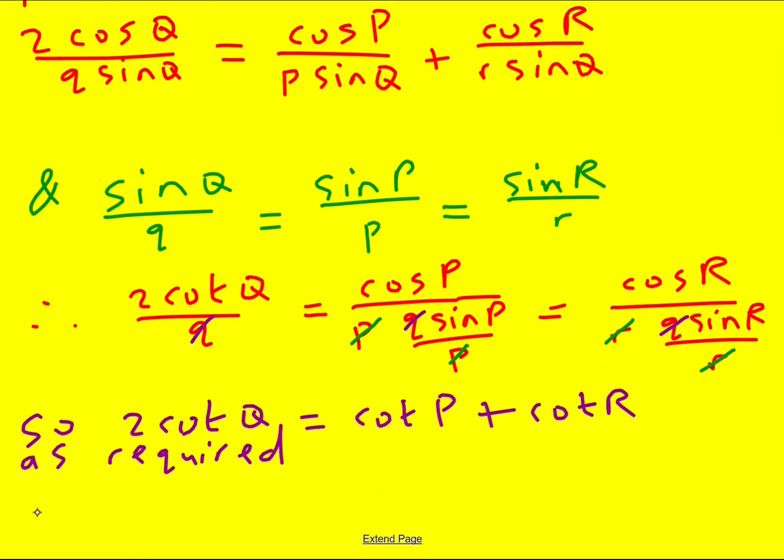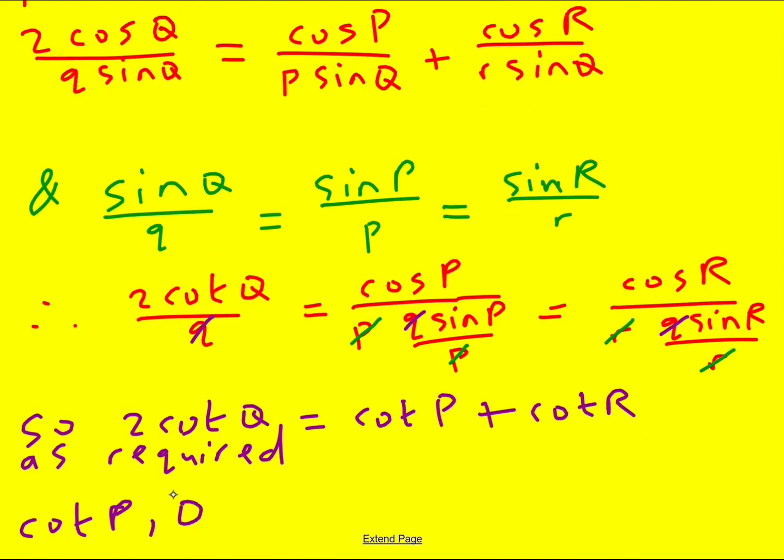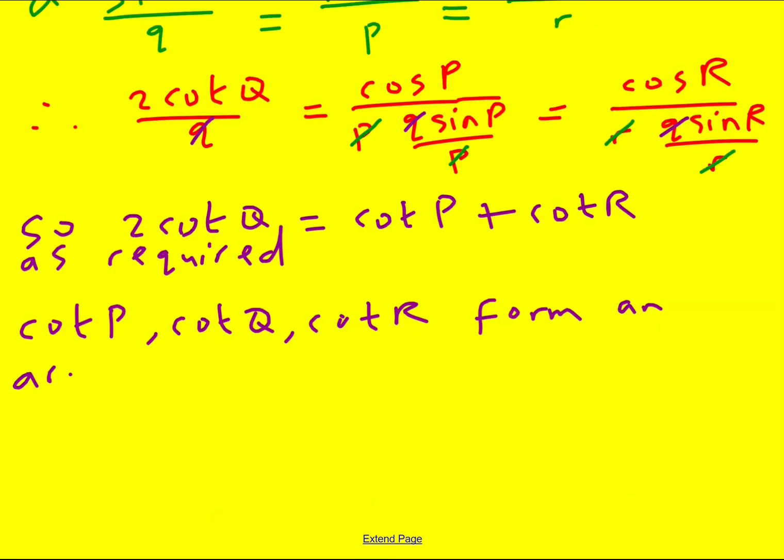Just going to write a conclusion down. Cot P, forgotten the order that was in, cot Q, cot R form an arithmetic series.